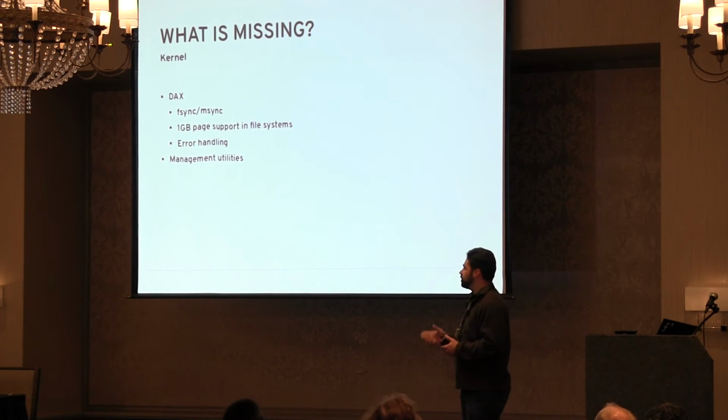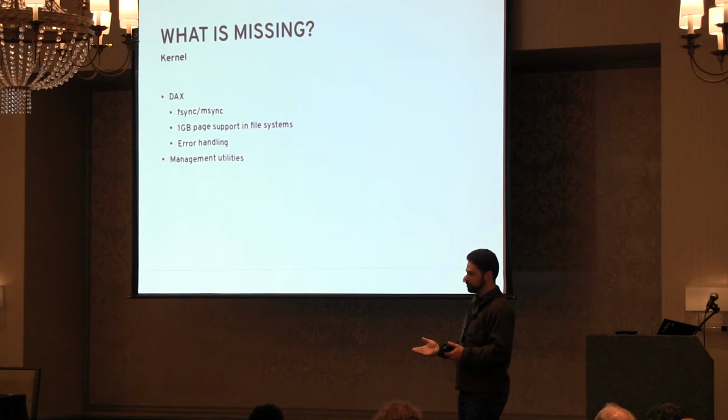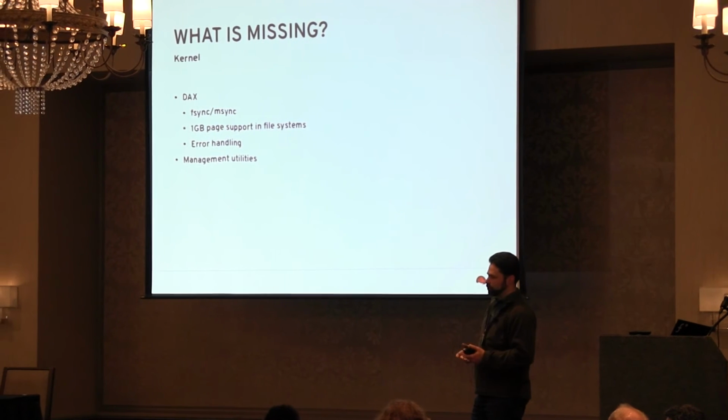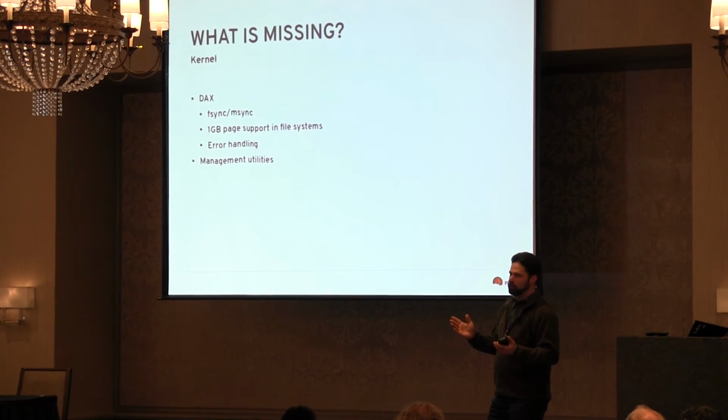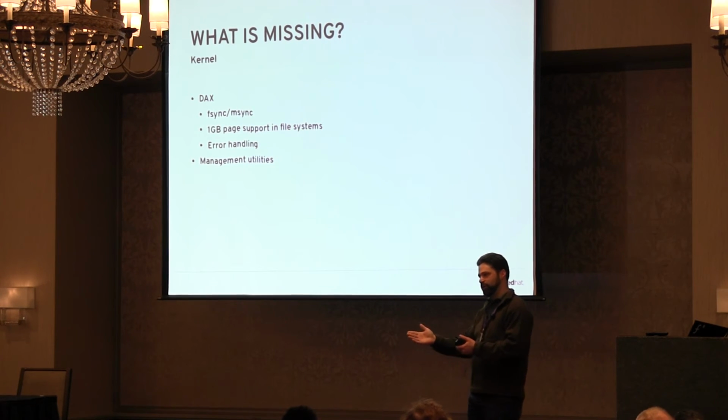So what's missing? I mentioned DAX has some issues. There's fsync and msync support. The patches have been posted, but they're not in the kernel today. I think they're probably going to go in for 4.5. 1 gig page support, I've mentioned 4K and 2 meg page sizes.